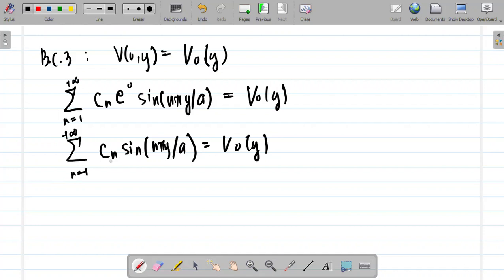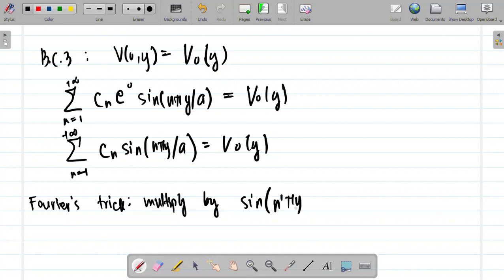So, class, naalala nyo sa 1-to-1 yung Fourier series? Sige, alalahanin nyo. Then, gagamit tayo ng Fourier trick. Multiply by sine n prime pi y over a, both sides, then integrate from 0 to a.